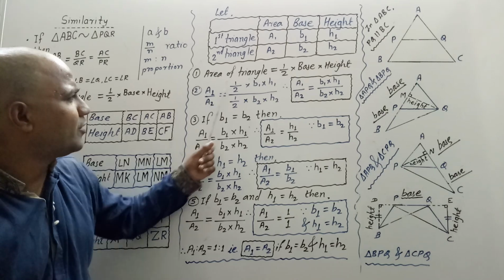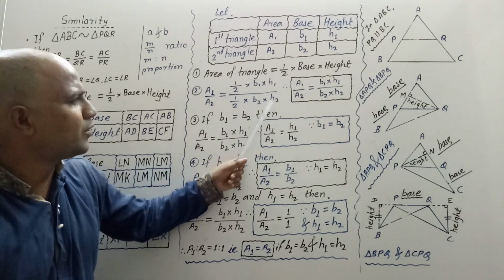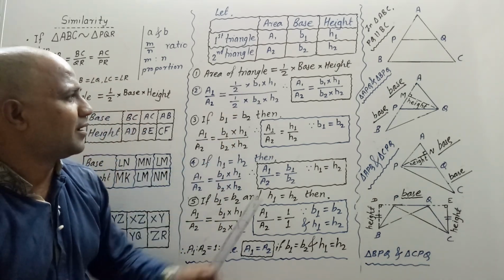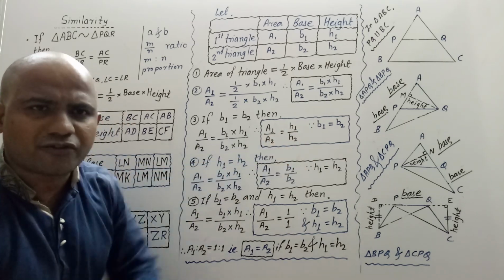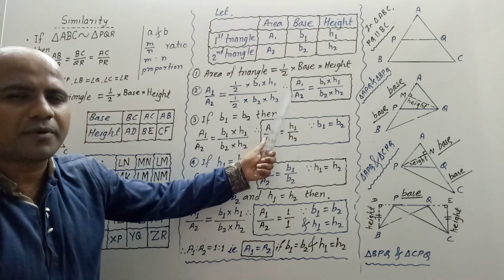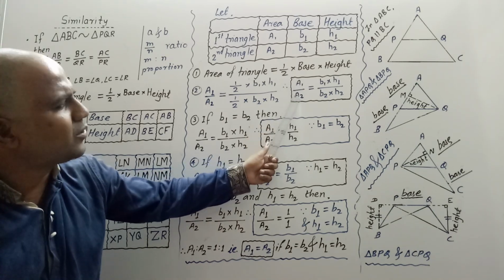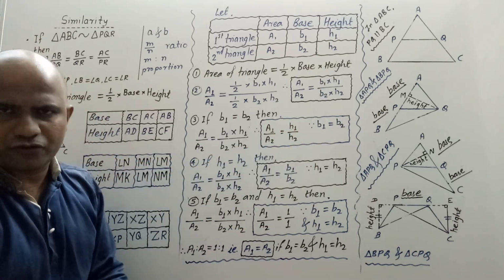Means A1 upon A2 is equal to half into B1 into H1 upon half into B2 into H2. When half gets cancelled, what is remaining? A1 upon A2 is equal to B1 into H1 upon B2 into H2. This is the first property of areas of two triangles. A1 upon A2 is equal to B1 into H1 upon B2 into H2.